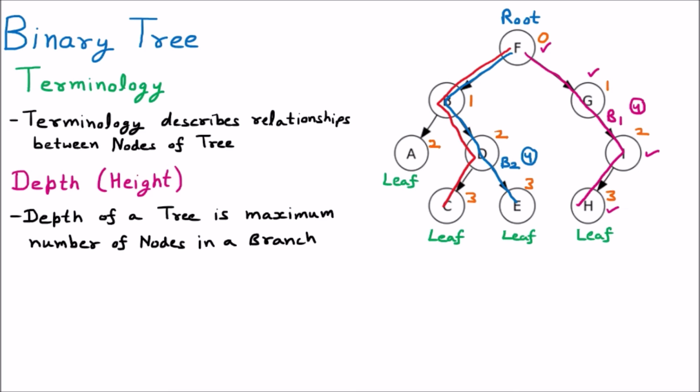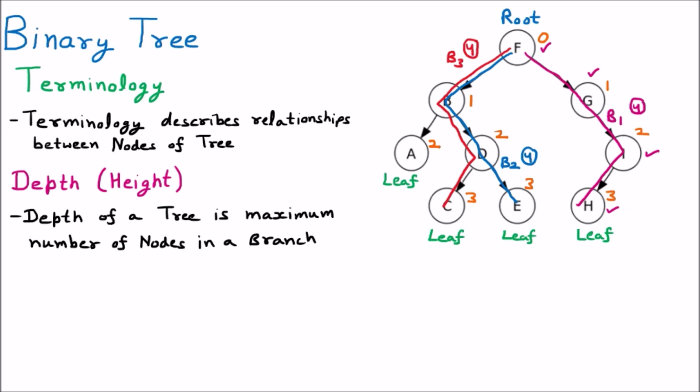I am assuming this is branch B3, and it again contains 4 nodes. So the maximum number of nodes possible is 4, and we can say that the depth of this tree is 4.